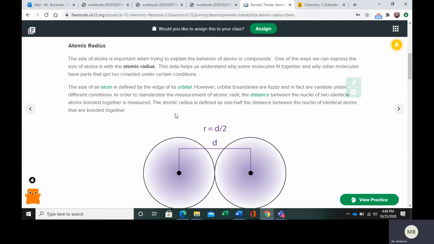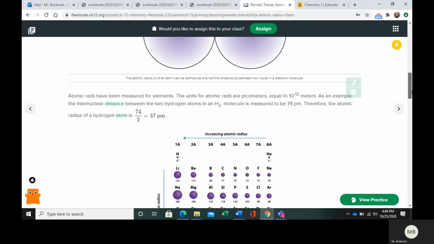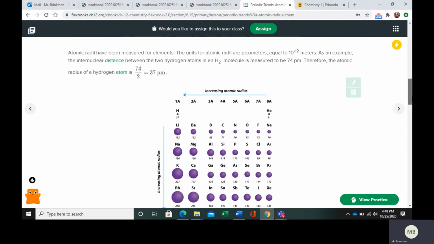All right, so the atomic radius is defined as 1/2 the distance between the nuclei of identical atoms that are bonded together. We use this measurement between these two nuclei, we divide it by 2, and that is our atomic radius. The units for atomic radii are picometers.